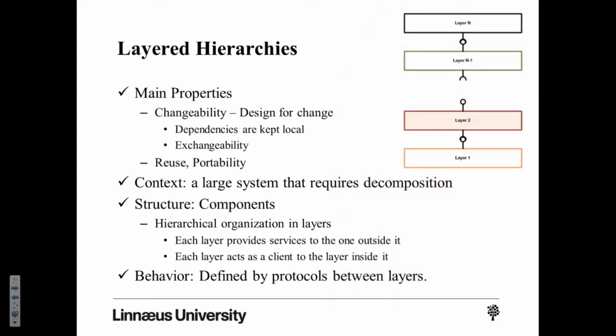So at the top here, we have a layer that uses a layer below, that uses a layer below, until we have a first layer, layer 1. And this layer here, this one here, I should draw it there, uses services of behavior provided by this one.